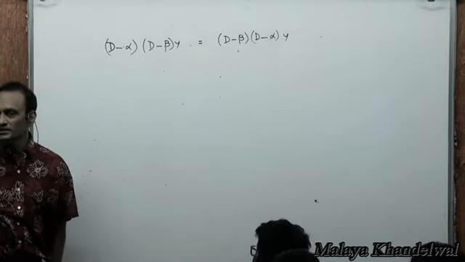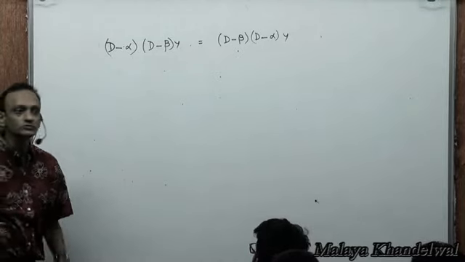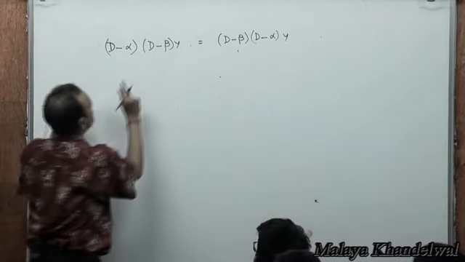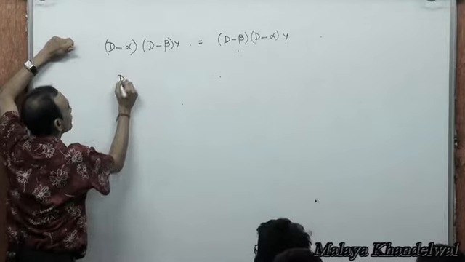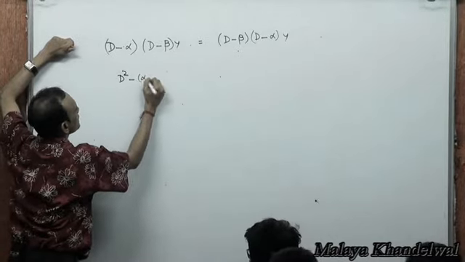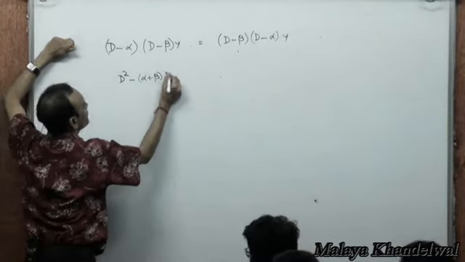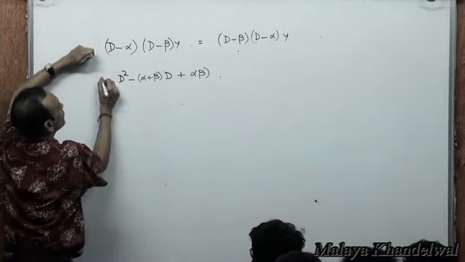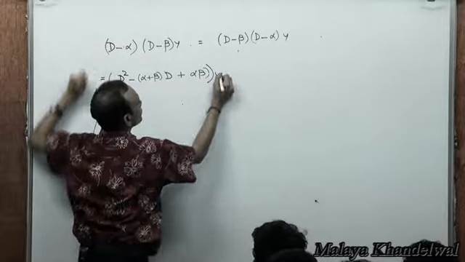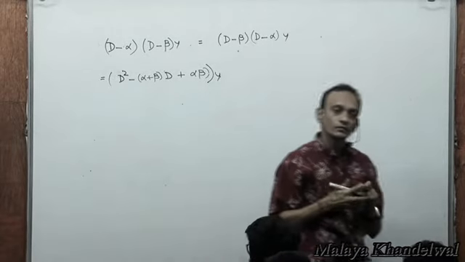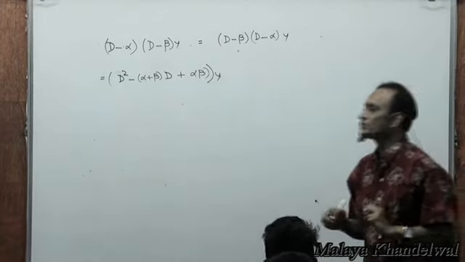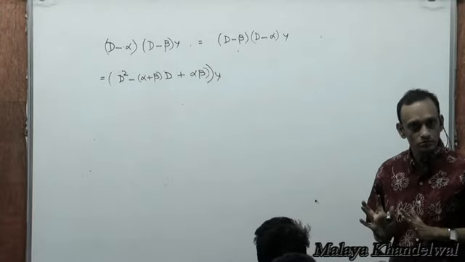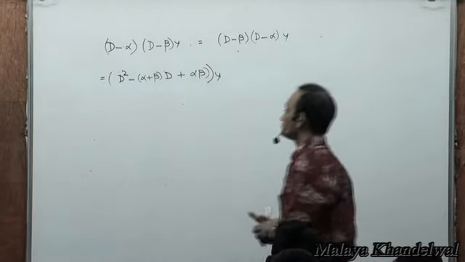So, one, alpha and beta could be interchanged. Two, I can take the luxury of d squared minus alpha plus beta d, imagining it to be a mere algebraic entity, plus alpha beta acting on y, right? This is established without ambiguity, without a doubt, right?